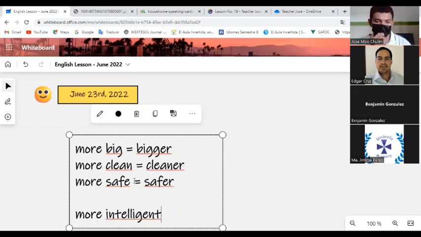In this case, we use the word more because it's a long adjective. With short adjectives like big, clean, safe, we usually change them to bigger, cleaner, and safer. But with adjectives that have many letters, we usually use the word more: more intelligent. Okay, is that clear?